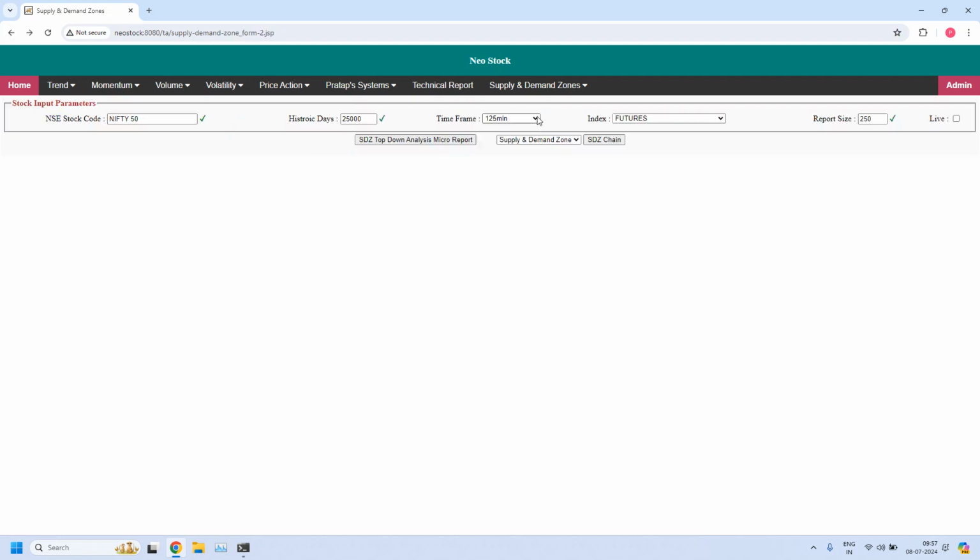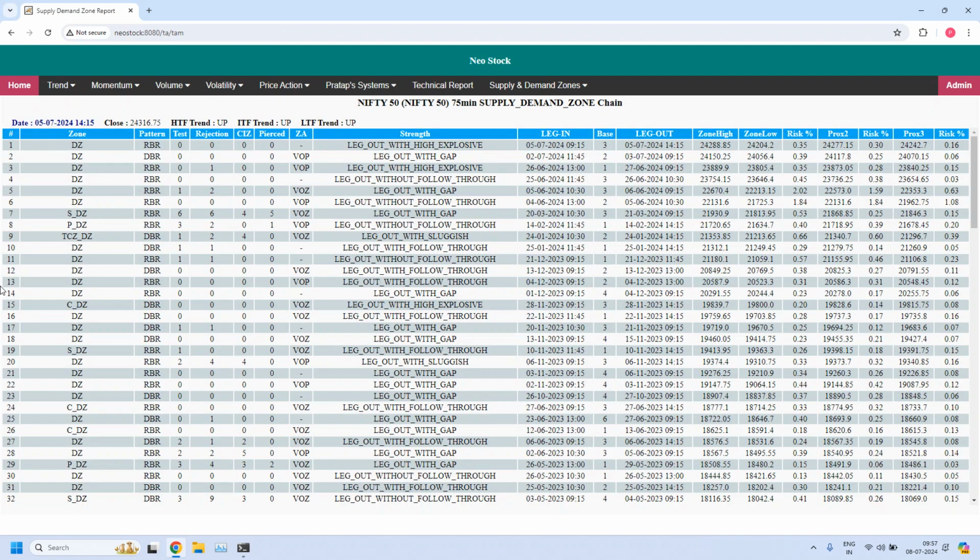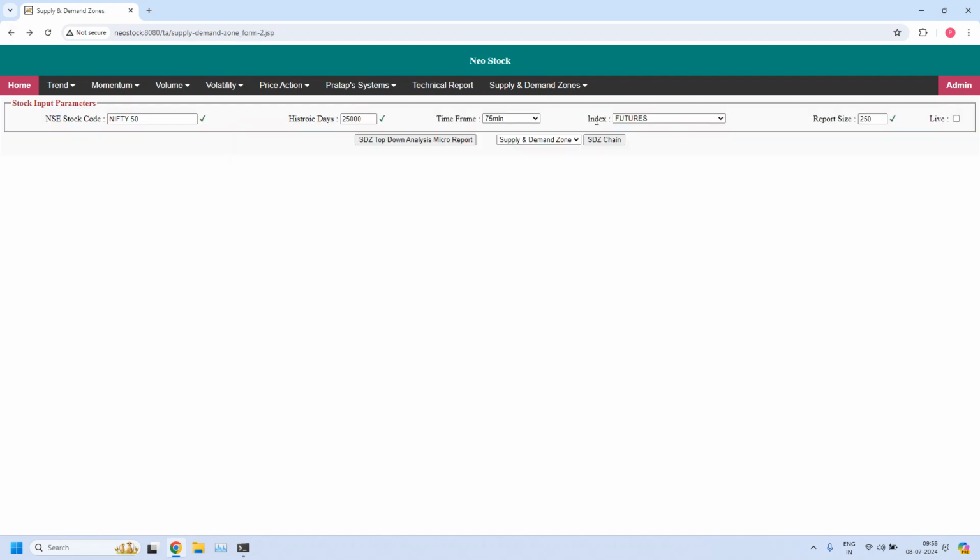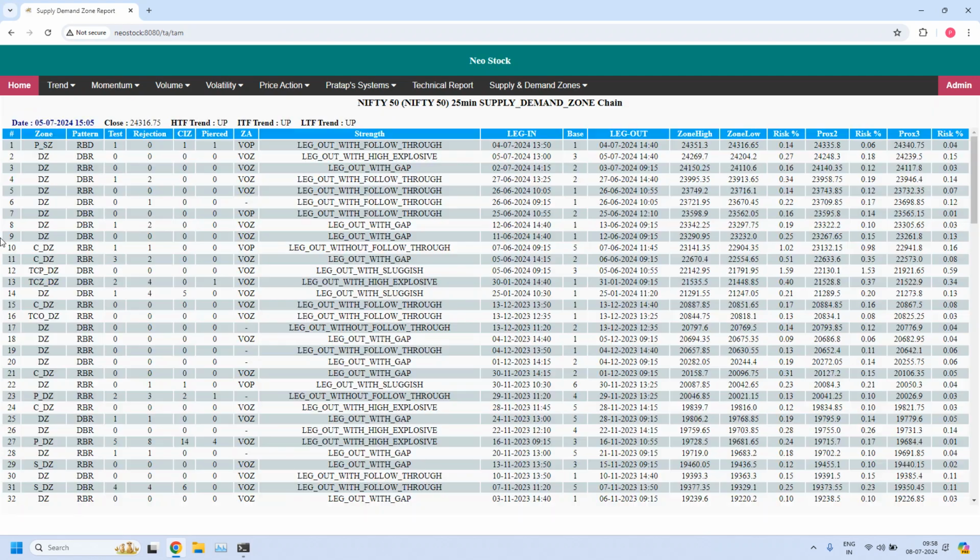I'm going back, changing the time frame to the 75 minutes supply demand zone chain. This is the 75 minutes supply demand zone chain. Still no supply zones are available. I'm going back, changing the time frame to 25 minutes, generating the 25 minutes supply demand zone chain for Nifty.